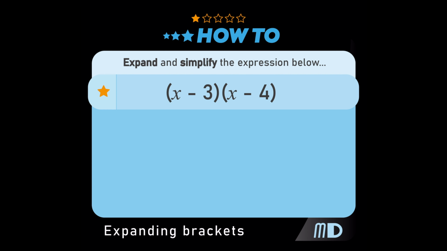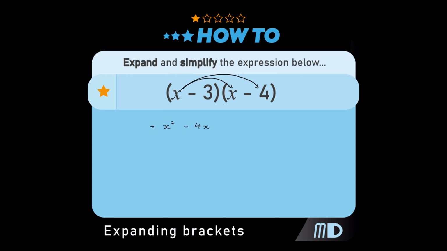To begin, we multiply x by each term in the second bracket. So x multiplied by x is x squared, and x multiplied by minus 4 is minus 4x.